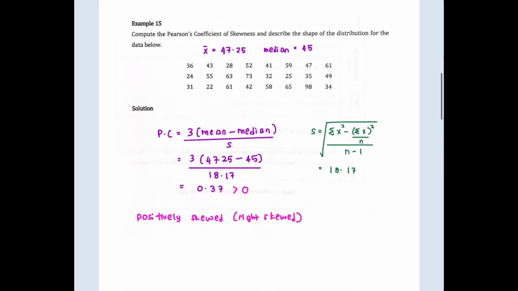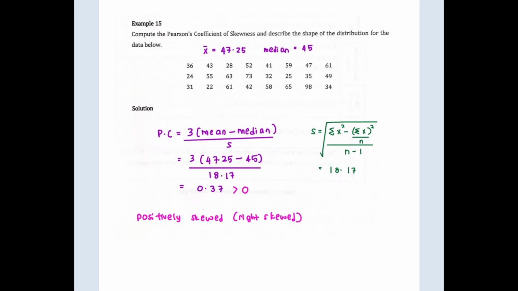Okay, look at this example. Compute the Pearson coefficient of skewness and describe the shape of the distribution for the data below. So you are having this raw data. And then, which formula do you want to use? Look at the frequency of the mode. Where is your mode in this data set?